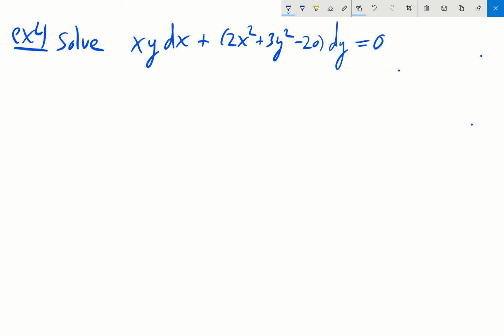Again, so far it looks just like every other kind of differential equation we've seen so far in section 2.4. Let's do our check for exactness. M of x comma y would be x times y. If we take the partial of M with respect to y, that would produce x.